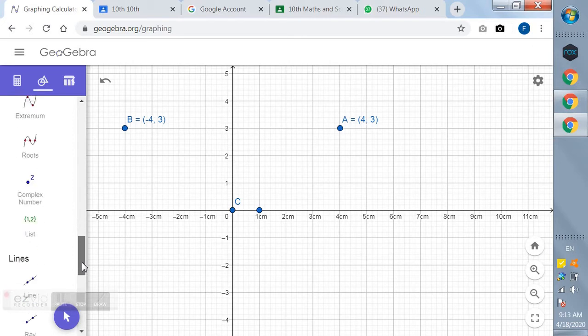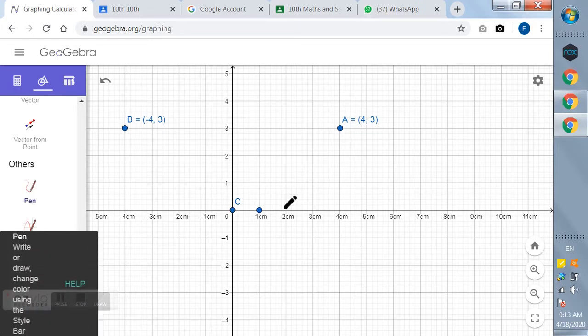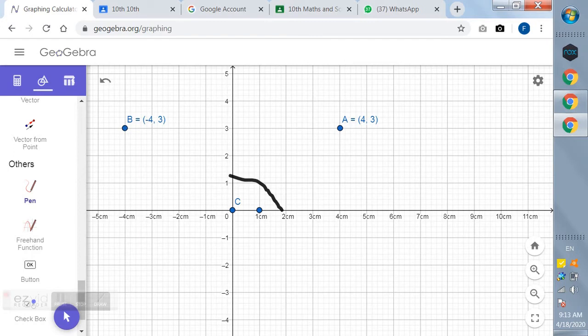Okay, here we go, delete that. So this is called the first quadrant. All the points here will have a positive x value and a positive y value. If you see A, which is (4, 3), 4 is its value on the x-axis and 3 is its value on the y-axis. So that is one point which we have plotted here.